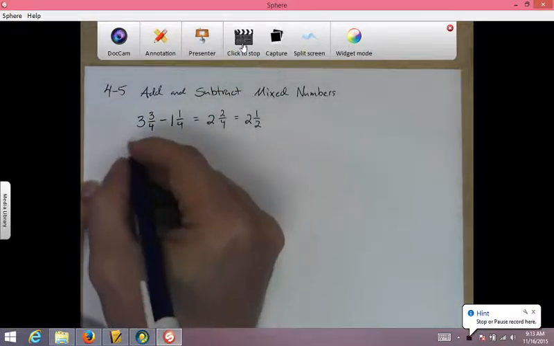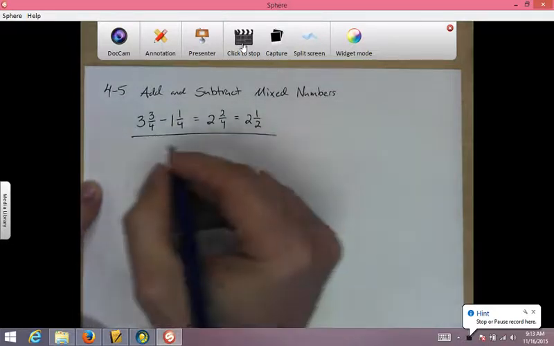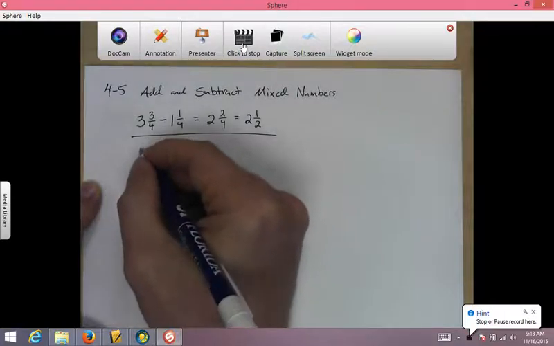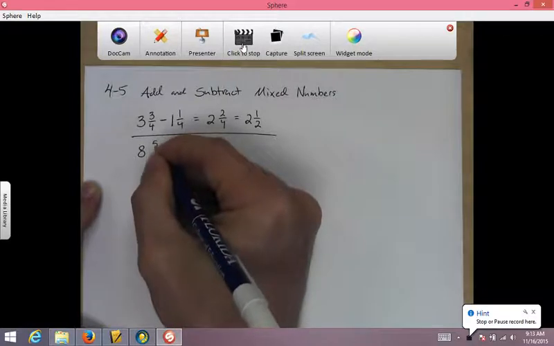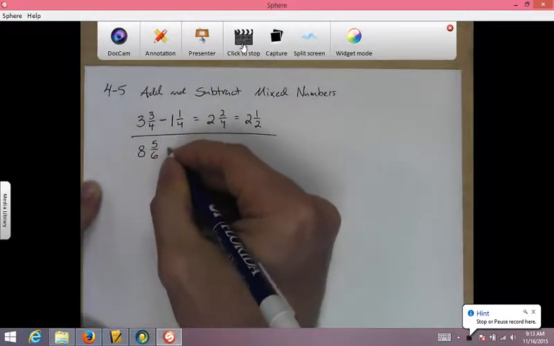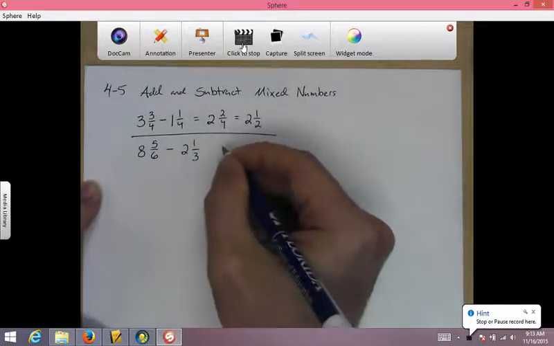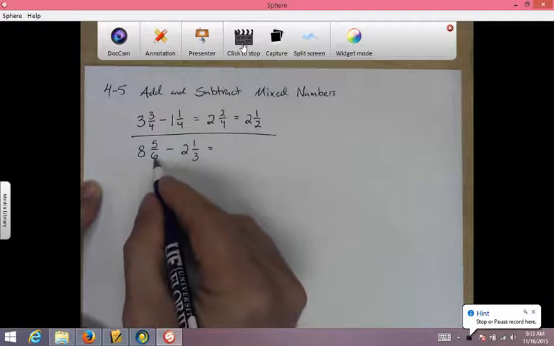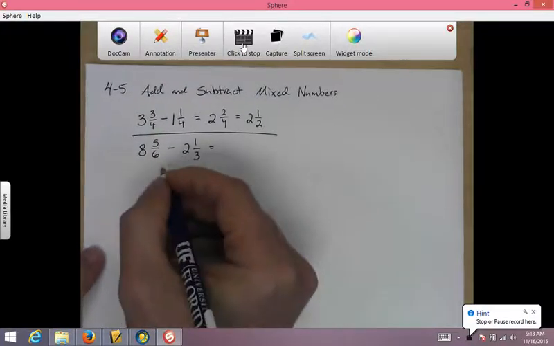Sometimes you might get something where all you have to do is just make it into a like fraction, give it a common denominator. For example, 8 5/6 minus 2 1/3. Six is a larger denominator. 3 goes into that, so we're going to use that denominator.